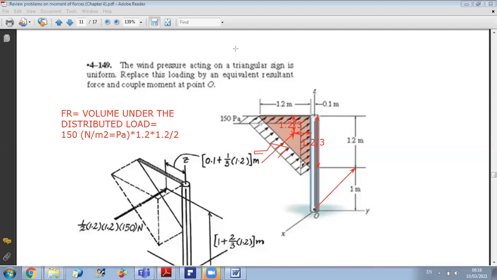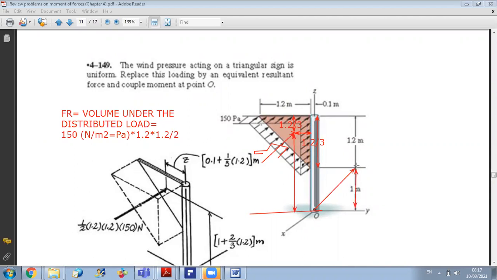What is the perpendicular distance from the force to the y-axis? This is the y-axis here. The perpendicular distance will be the following one, from this point to the y-axis. I know that from here to here I have 1 meter.